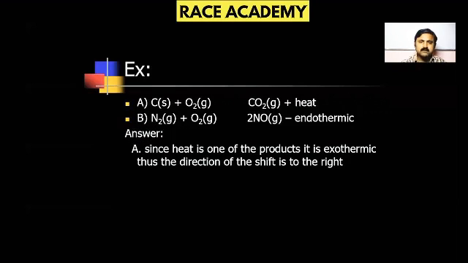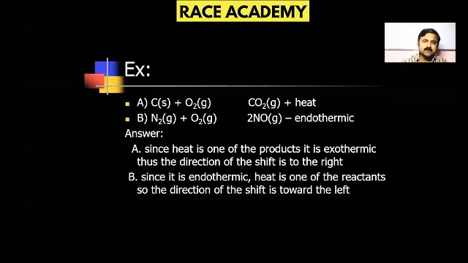So the first one, since heat is one of the products, it is exothermic, and the direction of the reaction is to the right. Second one, since it is endothermic, heat is one of the reactants, so the shift is towards the left.